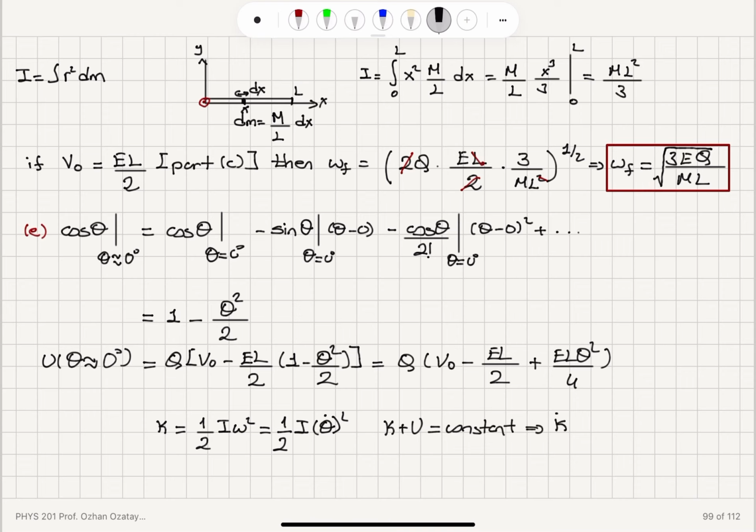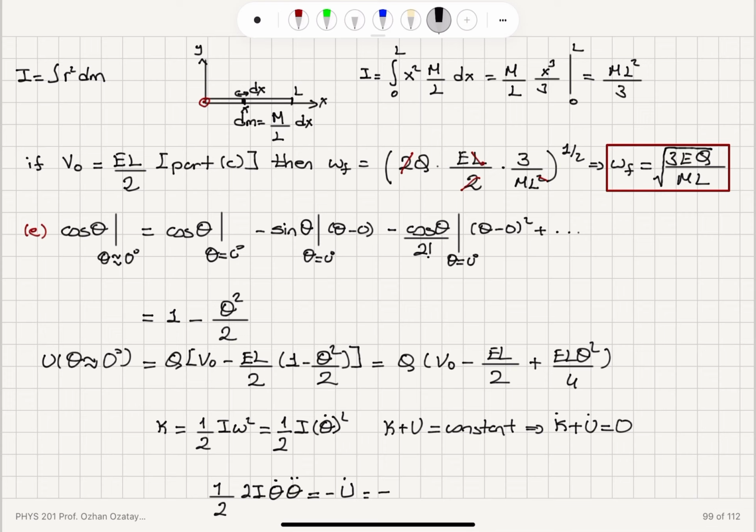Therefore, if I take the time derivative of the mechanical energy, I will find 0: K dot plus U dot is 0. The time derivative of kinetic energy is 1/2 times 2 I theta dot theta double dot, the first and second time derivatives. This must be equal to minus U dot.